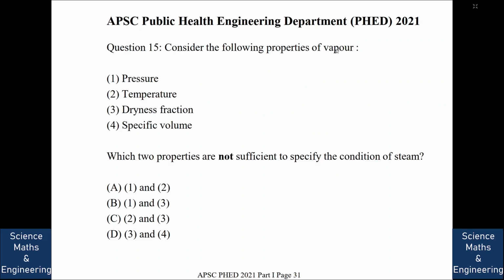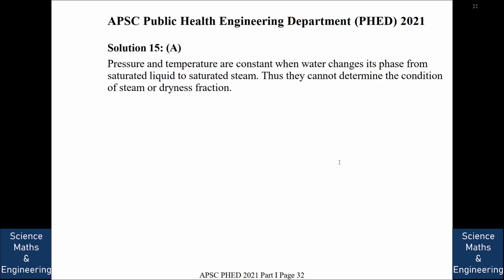Consider the following properties of vapor: pressure, temperature, dryness factor, and specific volume. Which two properties are not sufficient to specify the condition of steam? So the answer is pressure and temperature. They are constant when water changes its phase from saturated liquid to saturated steam.